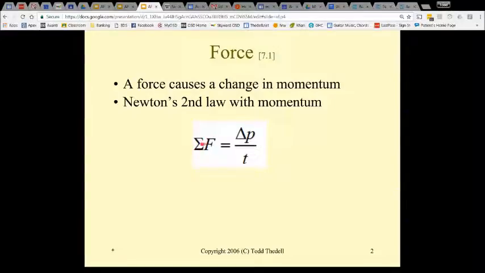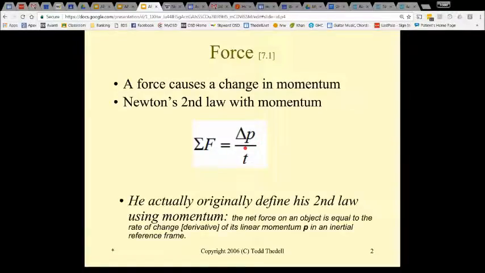If you remember, sigma F equals ma, well, sigma F equals the change of momentum over t. Right? And we can show how that works, where momentum is mass times the change in velocity, and the change of velocity over time is acceleration. And he actually defined his second law using momentum.